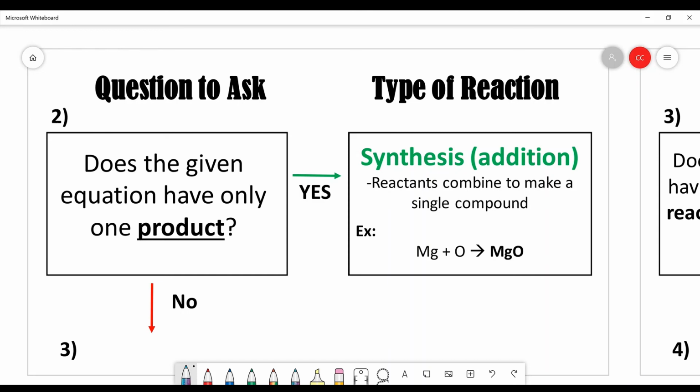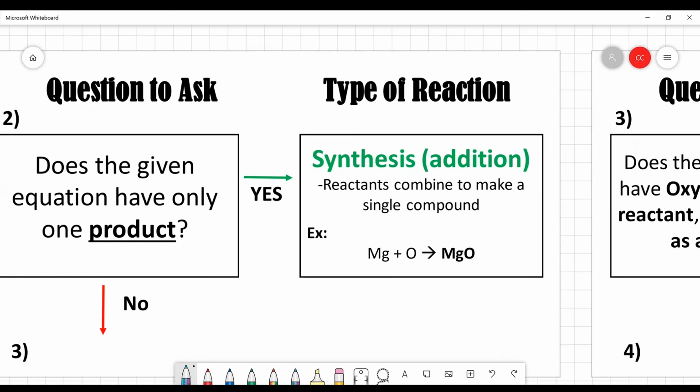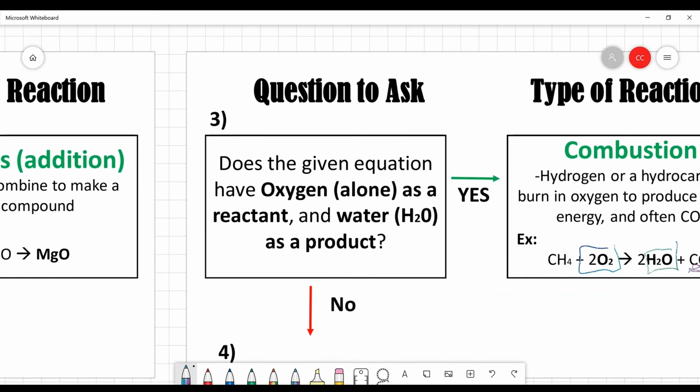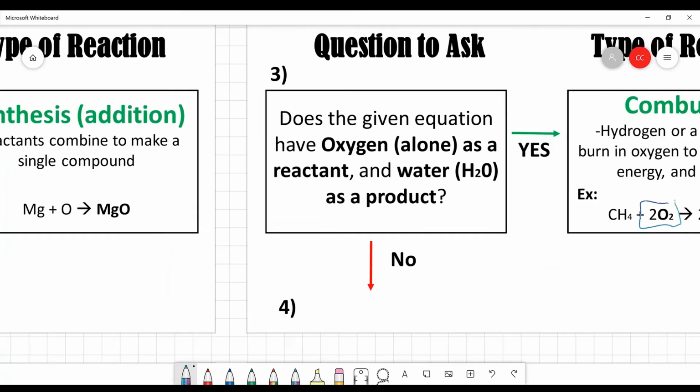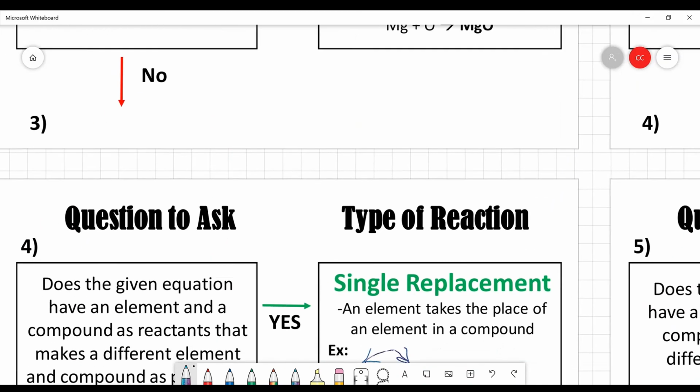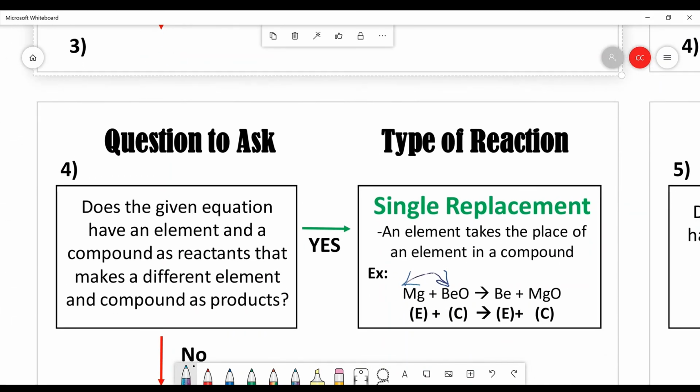We're creating something. We're putting it together. Oxygen on the reactant side, water on the product side is combustion. An element and a compound yielding an element and a compound where two of the elements just switched places is single replacement.